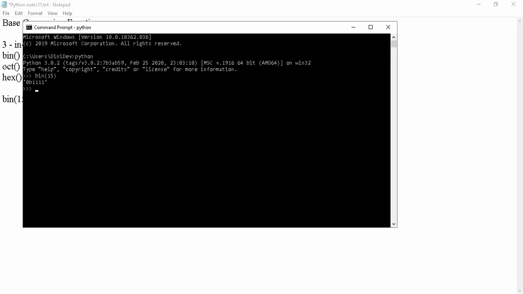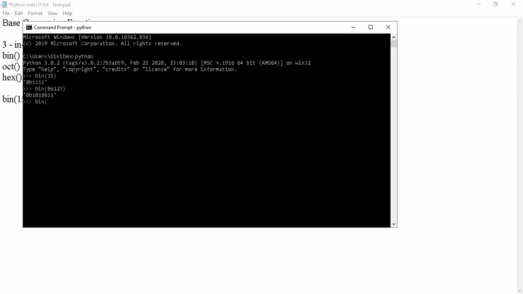In the same way, we can also convert an octal value. As I mentioned in the previous video, octal uses the prefix 0, capital O or small o, followed by digits like 1, 2, 3. The octal value is also converted into a binary one.